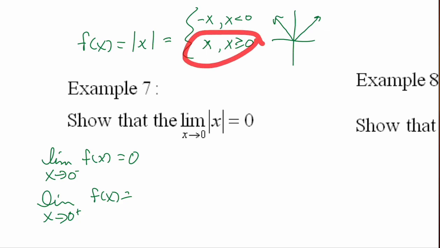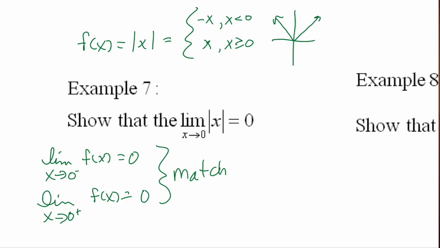This side of the graph is heading to a height of 0. Since they match, the answer is 0. Bam, that's it. And if you know the graph of it, a graphical interpretation is also a way to kind of show that.